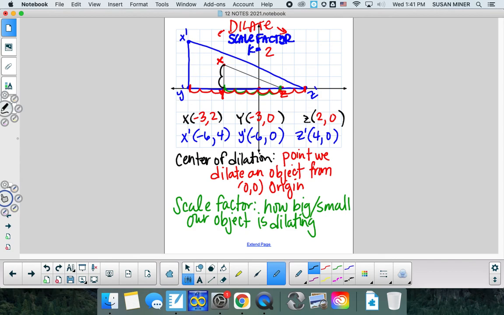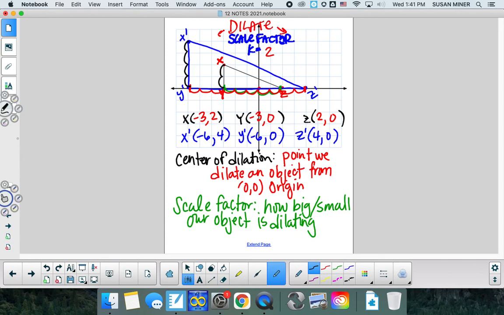I had to think about how I wanted to say that. My scale factor is 2 times bigger, so each side should be multiplied by 2. So if this side length was 2, this side length is proportional to that by an amount of 2. It is twice as big. Okay, I hope that kind of makes sense.